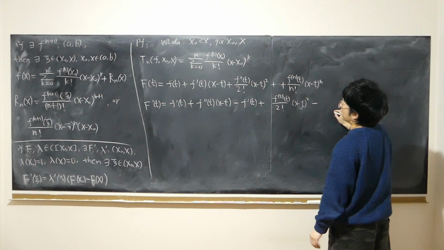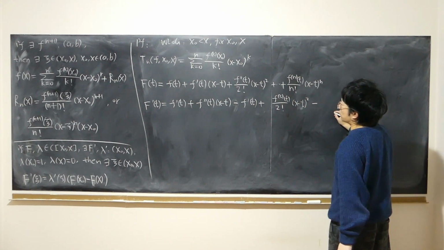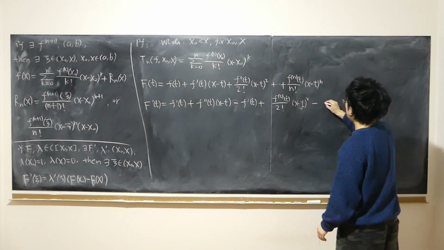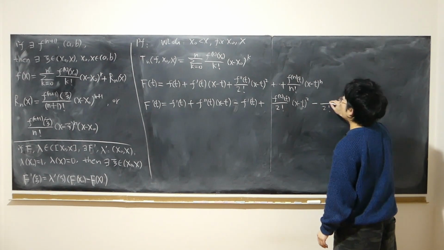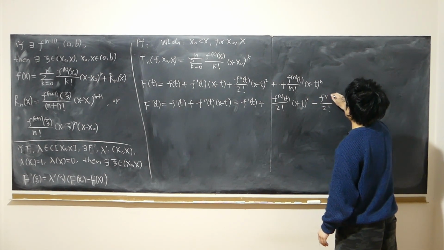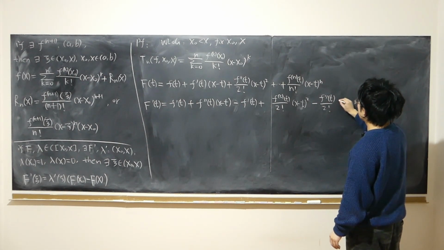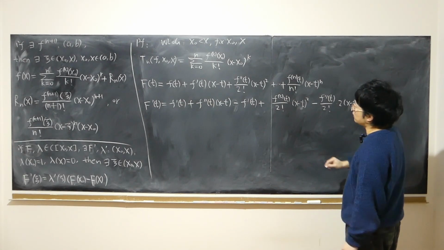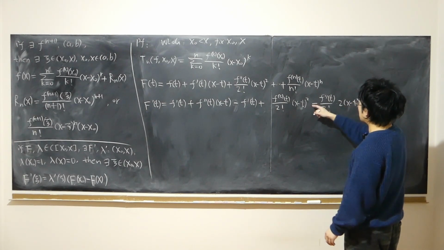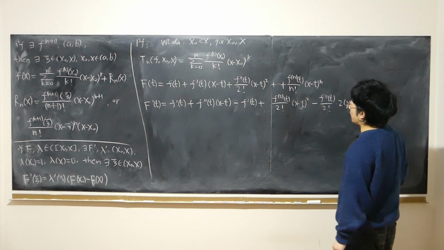Likewise, there's a minus sign coming out, right? Following the chain rule. Copy down the first one, f double prime over 2 factorial, times 2 times x minus t. Right, minus sign because of the chain rule, minus sign coming out.